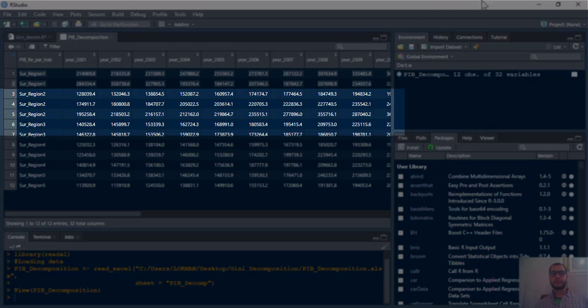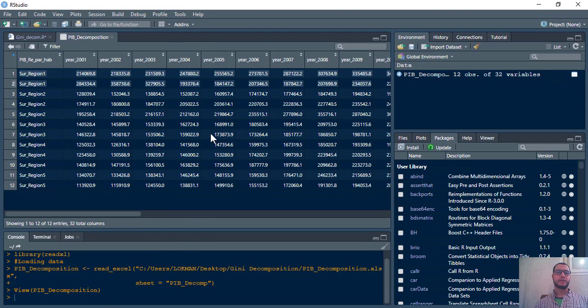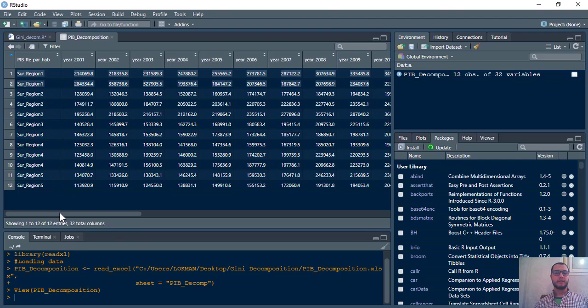In the third region 2, I have regions 1, 4, and 11. The data of region 1, the data of region 4, and the data of region 11 are here. I hope this can help you to understand what I'm trying to do here to decompose the Gini coefficient.